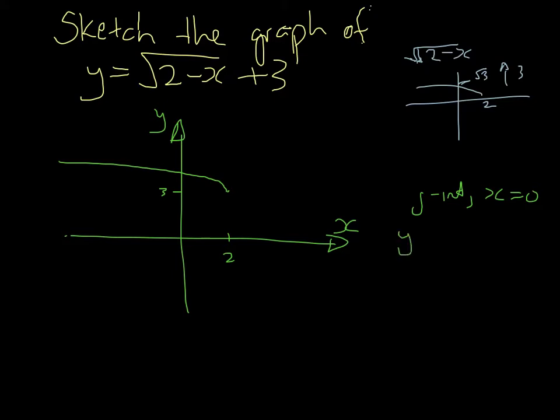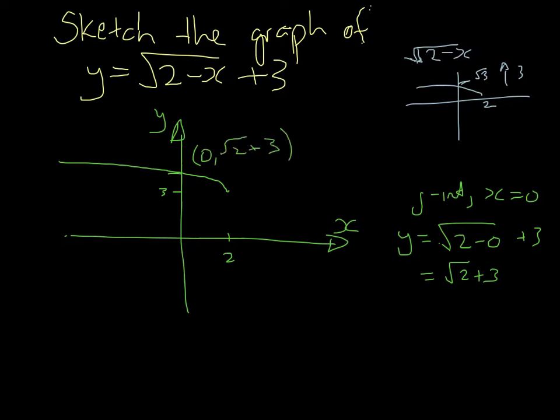So y would be equal to root 2 take 0, because x is equal to 0, plus 3. 2 take 0 is just 2, so root 2 plus 3. And you leave it in surd form, so that coordinate there at the y-intercept is 0 and root 2 plus 3.